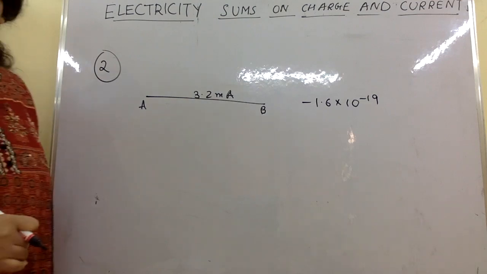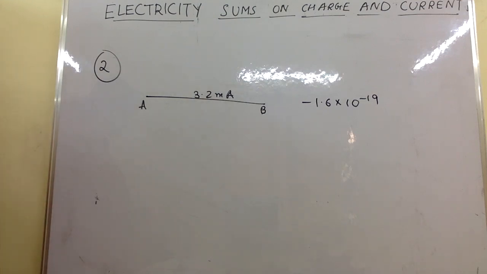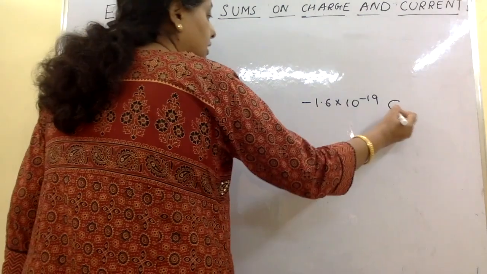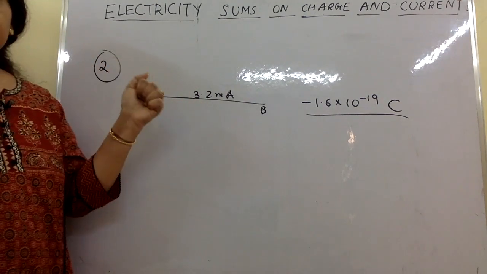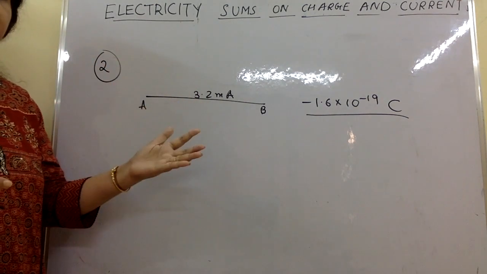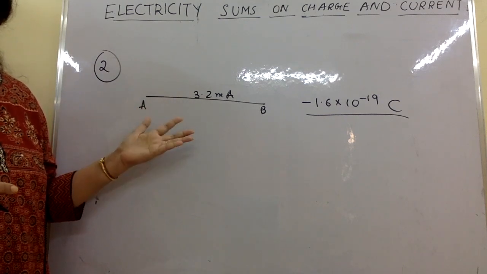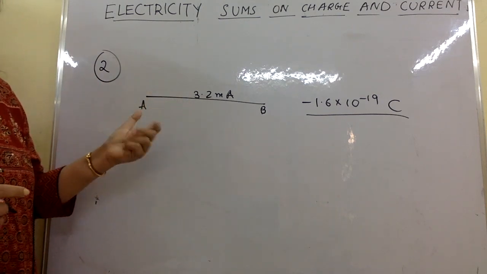Find the number of electrons that will pass each second through the cross section of the conductor.